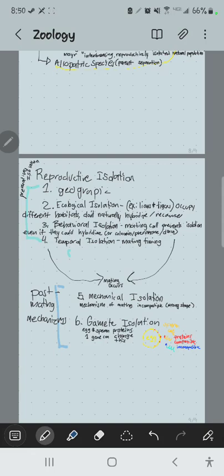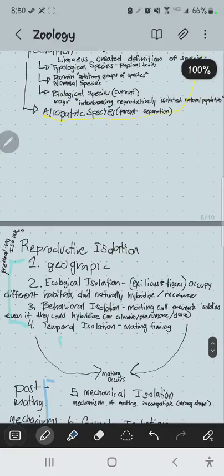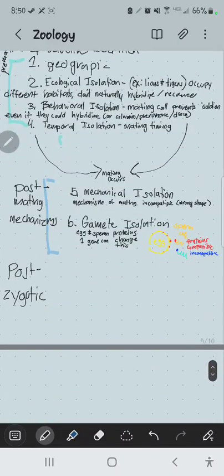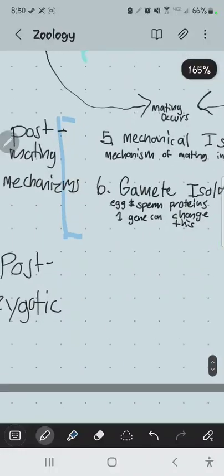Okay, so then we have a whole series of what are called post-zygotic mechanisms. Post-zygotic, what is a zygote? A zygote is an egg that's been fertilized.